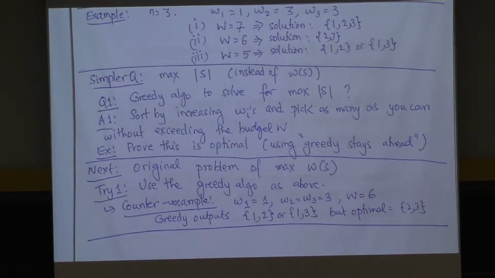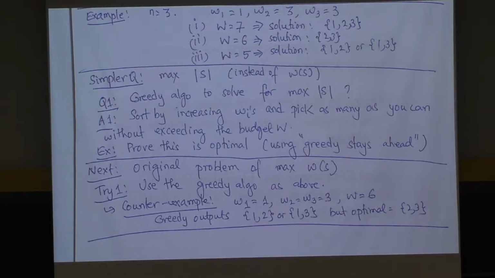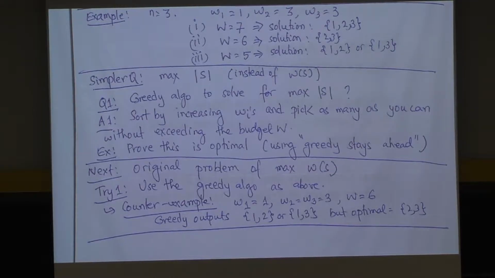So now you could try to say, well, okay, maybe it's failed, maybe there's another way to define a greedy algorithm. Maybe I do it in descending order or something. And it turns out it fails, in the sense that there are no known greedy algorithms that solve this problem.